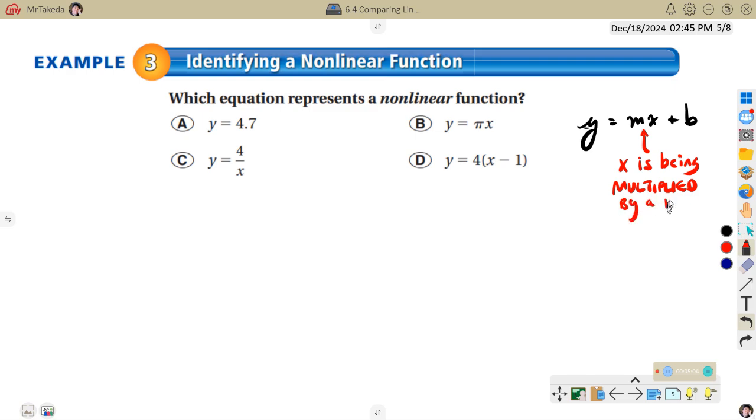I'm going to call that a rate. And then some number is being added to that. And that could be 0 as well, of course. A number is added after that multiplication.